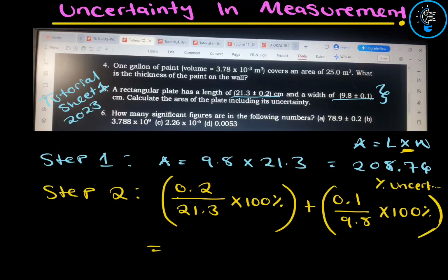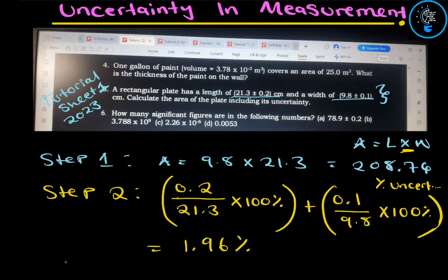Then once you add the two, 0.2 divided by 21.3 plus (0.1 over 9.8) times 100, you're going to get 1.96% as your percentage uncertainty.